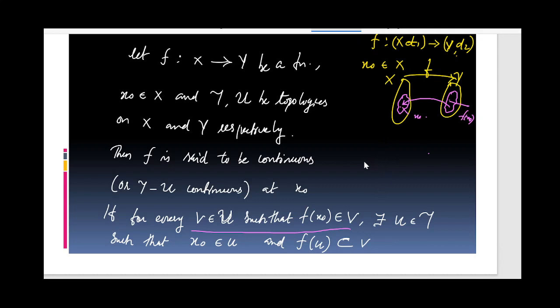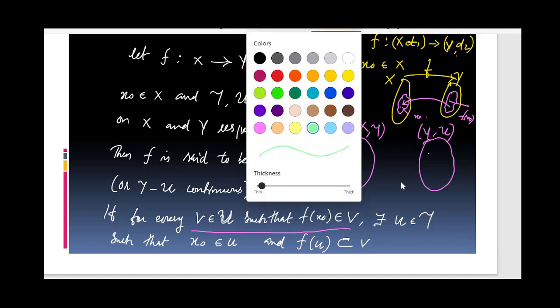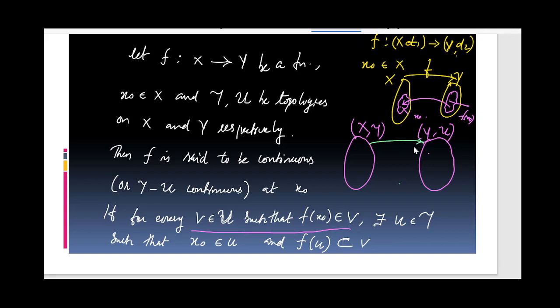I repeat: we have two topological spaces, X with topology T and Y with topology script U. Then we say that a function from X to Y is continuous at a point x naught if you consider f of x naught and take an element from script U, that means an open set which contains f of x naught.